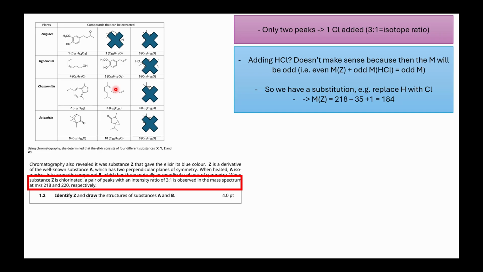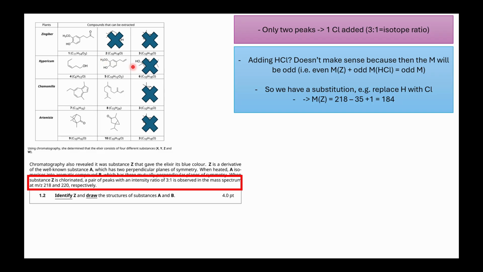Only when there's nitrogen, which has an even mass but always a valence of 3, which is odd, could it yield an odd mass. But oxygen forms two bonds, and carbon forms four bonds, so they both have even masses and form an even number of bonds. So there's no way you can get an odd mass with oxygen, carbon, and hydrogen in any combination that forms a neutral molecule.